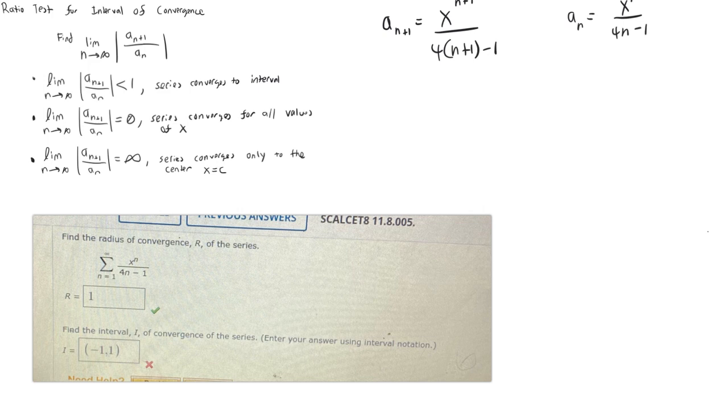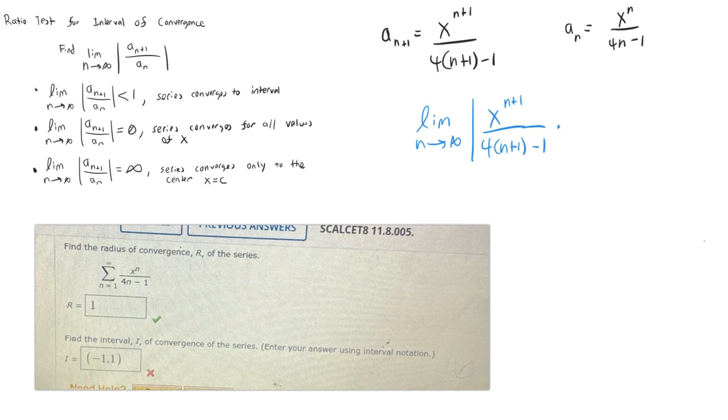We're going to do the limit as n approaches infinity of the absolute value of this divided by that. So let me just write the a sub n plus 1 first, and it's going to be times the reciprocal of a sub n, which is 4n minus 1 all over x to the n power.